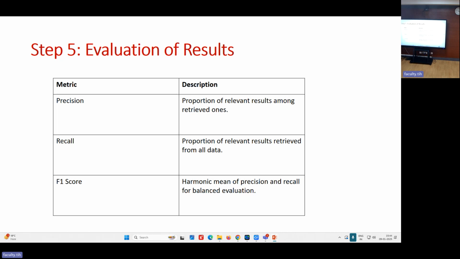So sometimes you may experience that the precision value is very low and the recall value is very high. In that case, if you go with the arithmetic mean, the simple mean, then whether the recall value is very high or the precision value is very high, in both cases you will get at least 50% correct result.